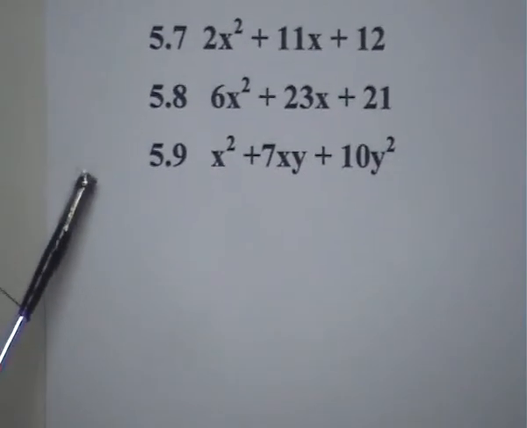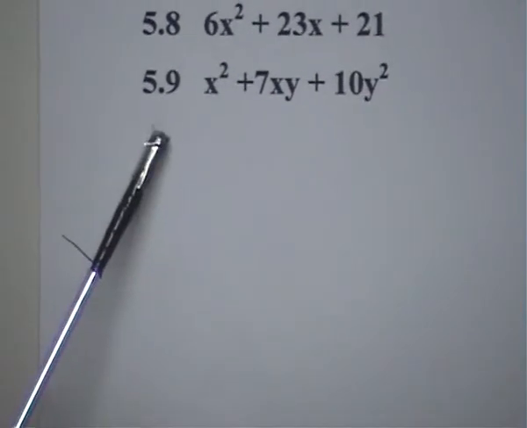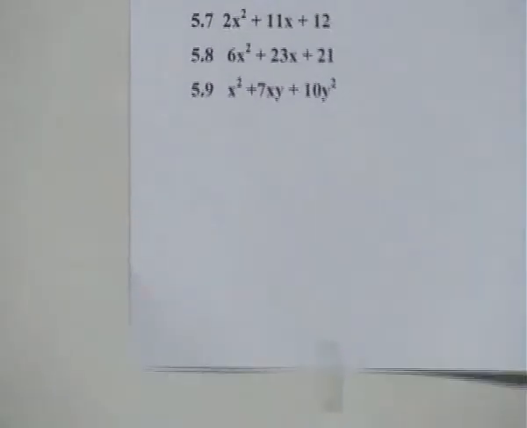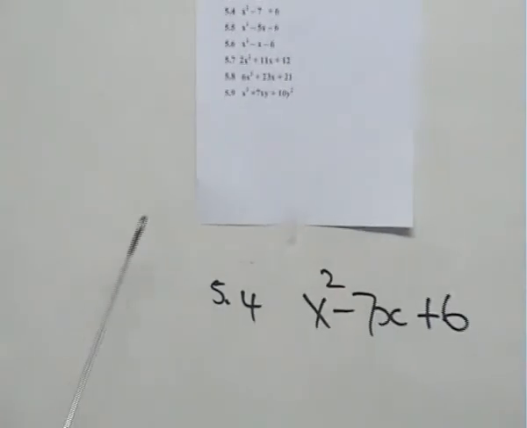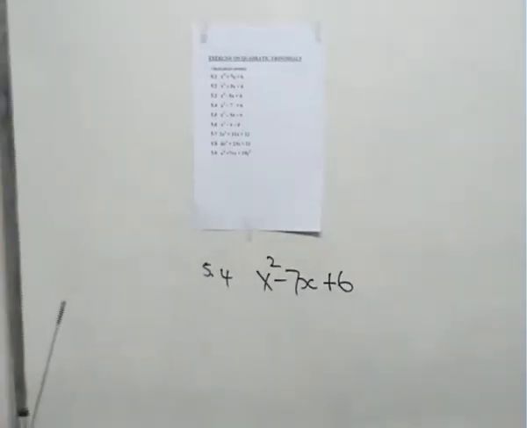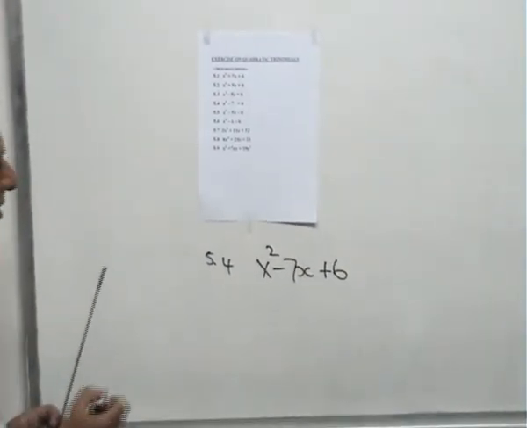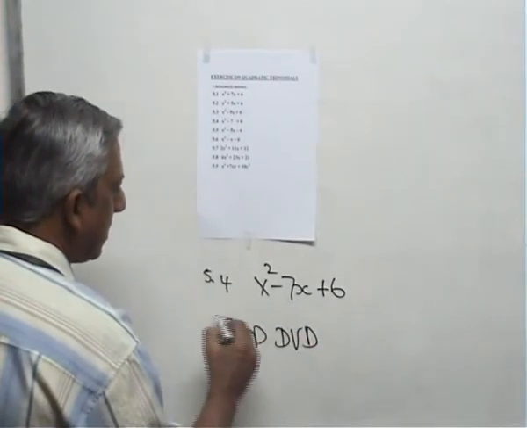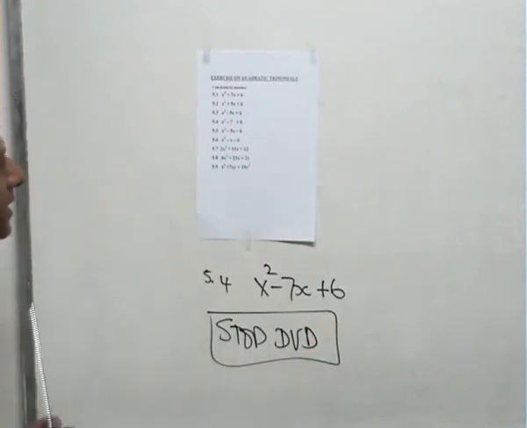And finally 5.9, x squared plus 7xy plus 10y squared. Alright, you can try them and let's see what you make of it. Okay, so stop the DVD here, try the exercise and come back and then we will take you step by step to show you how it's done.